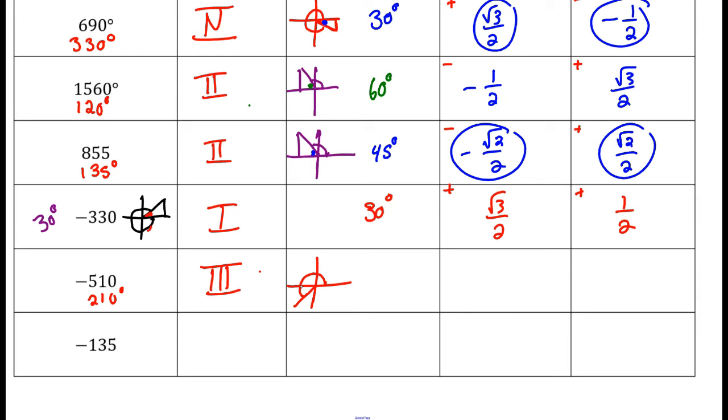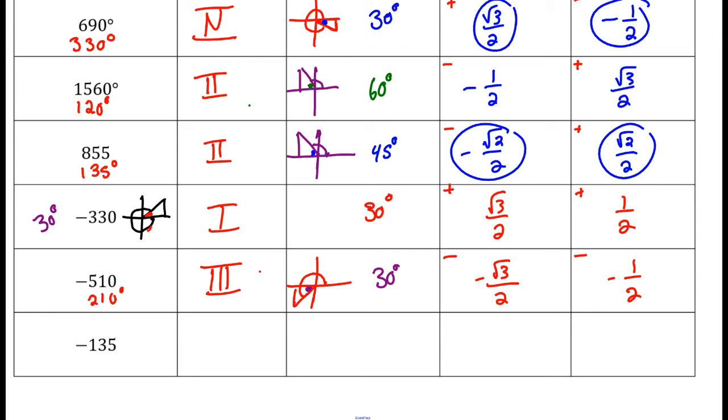If I spun 210 degrees, my reference angle is always with the x-axis. I spun 180. How much more do I have to keep going? Another 30. So it's the same answers as up above, but in quadrant 3, my x's are negative and my y's are negative. Cosine's negative and sine is negative. So negative radical 3 over 2, negative 1/2.